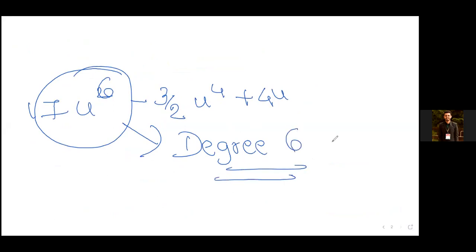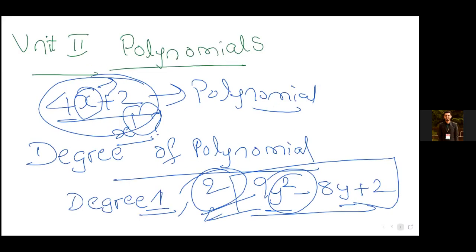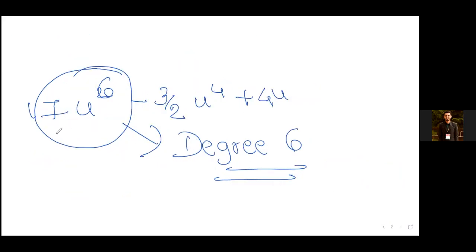So you guys are familiar with degree of a polynomial, right? Or degree of any equation. And can you give an example for an equation which is not a polynomial? So far these examples are for polynomials.